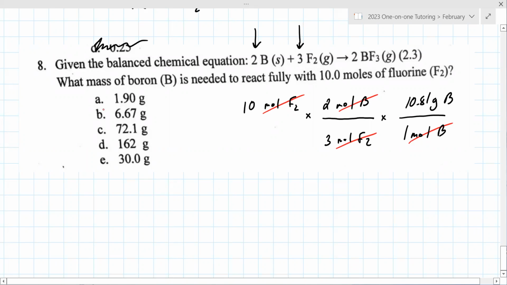So the molar mass of boron goes with 1 mole B, and B can still get rid of the moles. You're left with answer C, which is 72.11 grams.